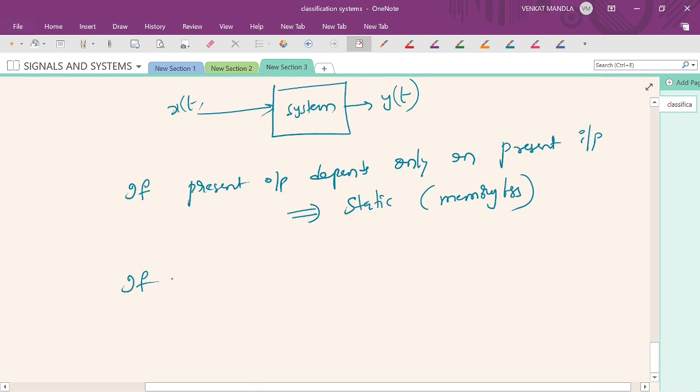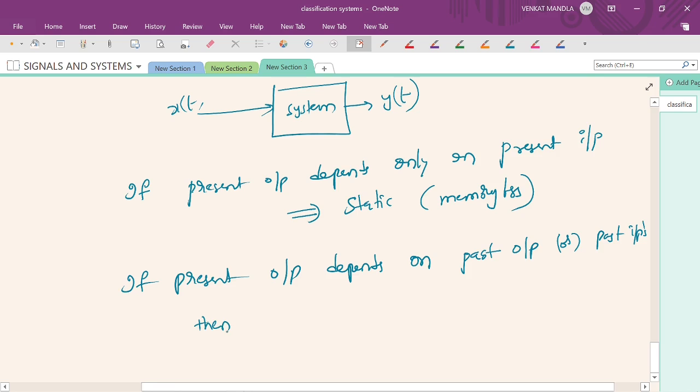If the present output depends on past output or past inputs, then the system is said to be memory, this dynamic or memory.